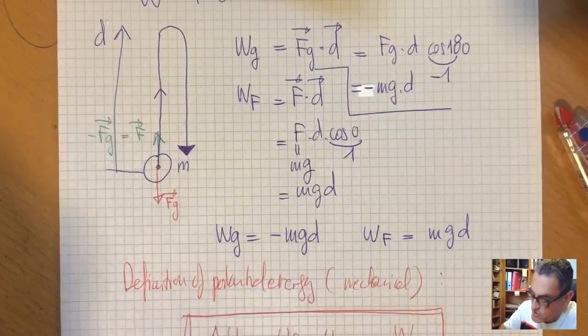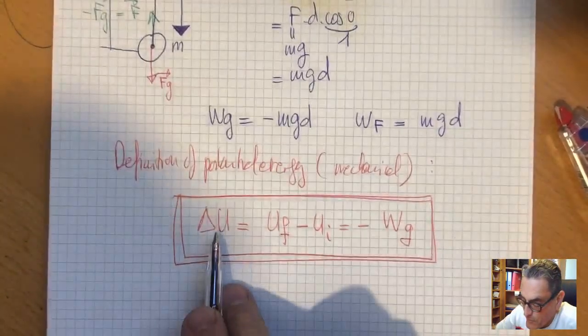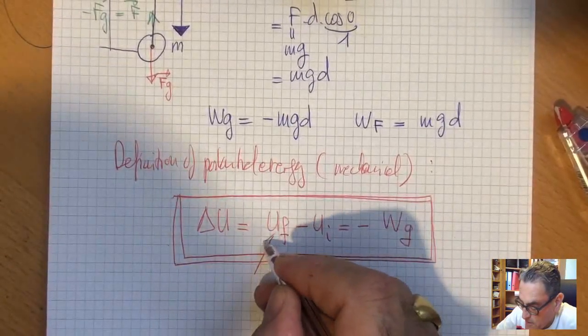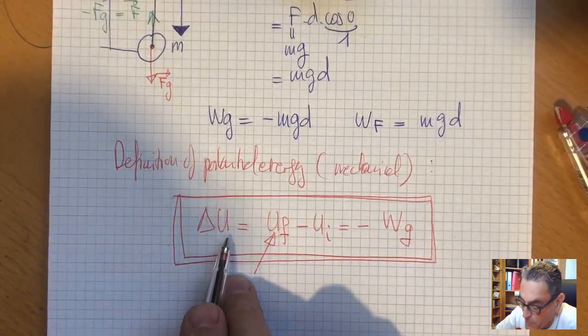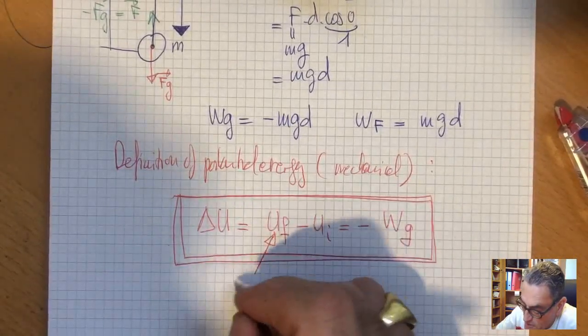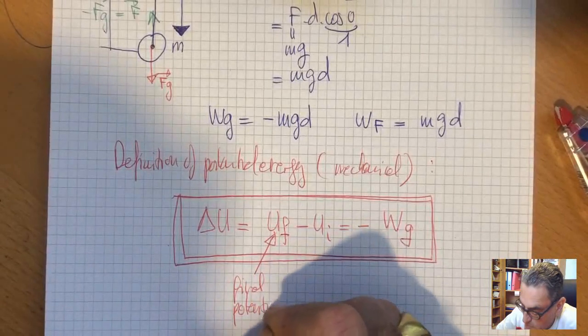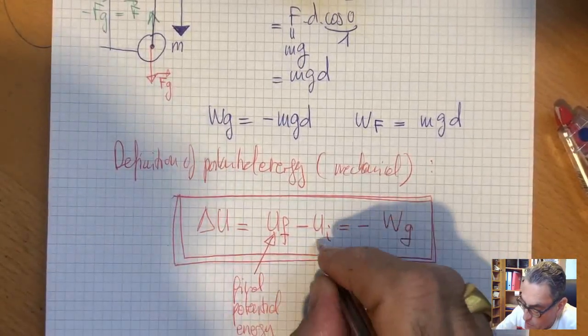This is the definition. Okay? U is the potential energy. You can call delta U the difference in potential energy when you lift your tomato. Why would we lift a tomato? You can lift what you want. You can lift an apple.